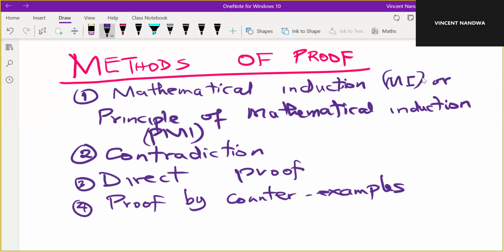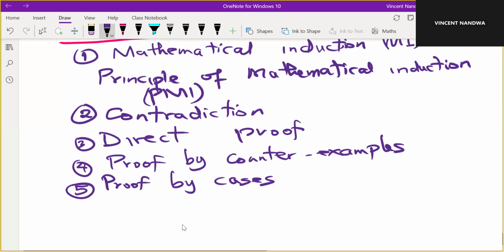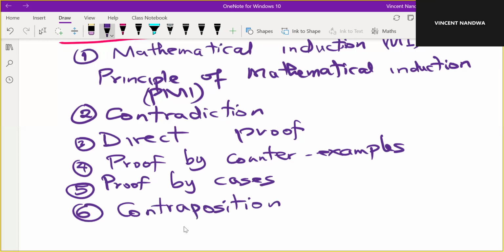Another method of proof that is of interest is also proof by cases. And then the other method of proof is also what we call proof by contraposition. So I want you to list those methods. Once you're done, you let me know so that we start.